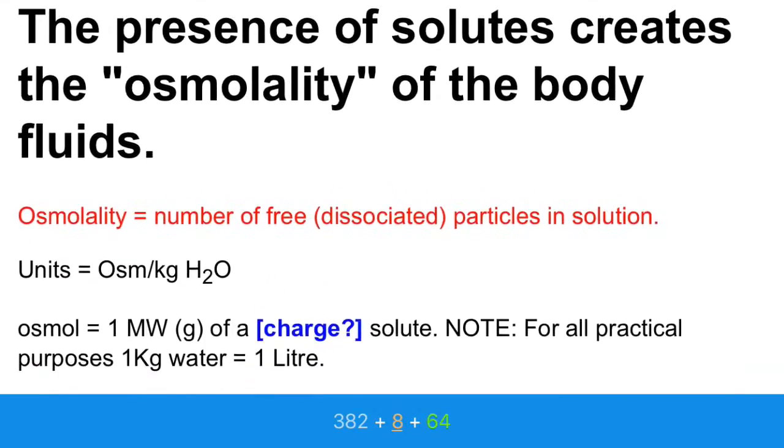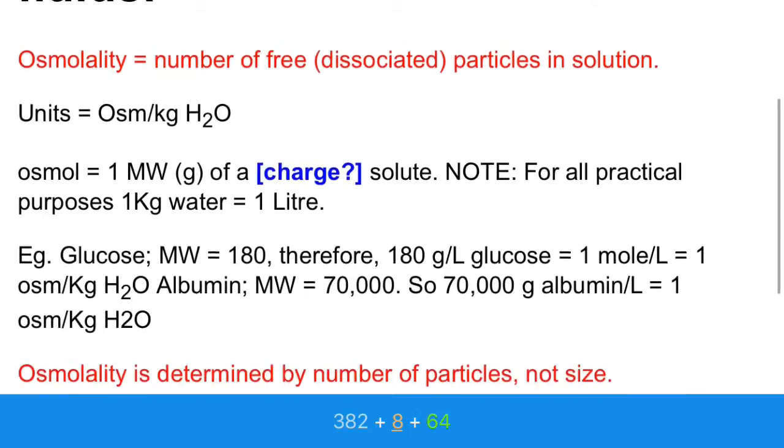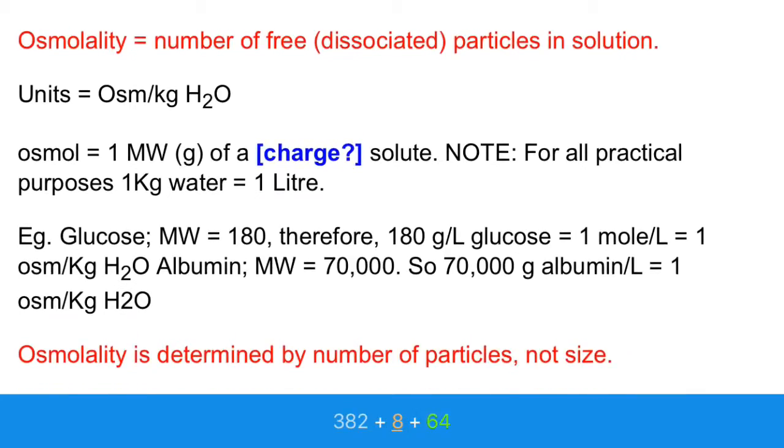Yes, osmolarity is the number of free dissociative particles in the solution. One osmol is one molecular weight of one non-ionized solute. So that basically means there's no formal charge on the whole thing. It could be polar, but whatever.